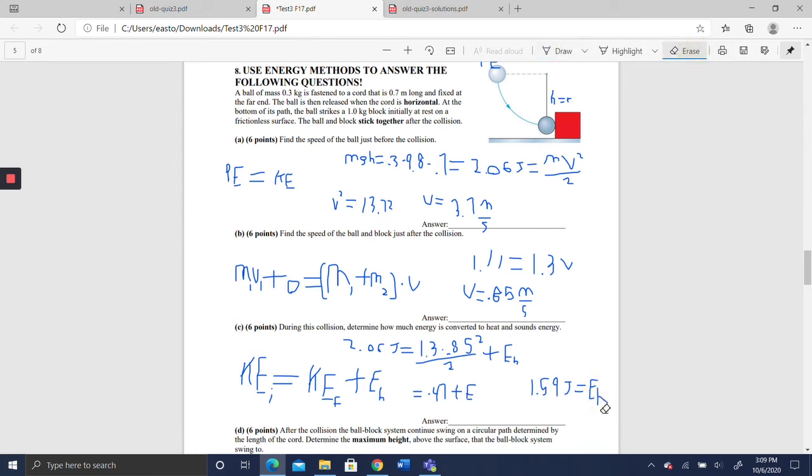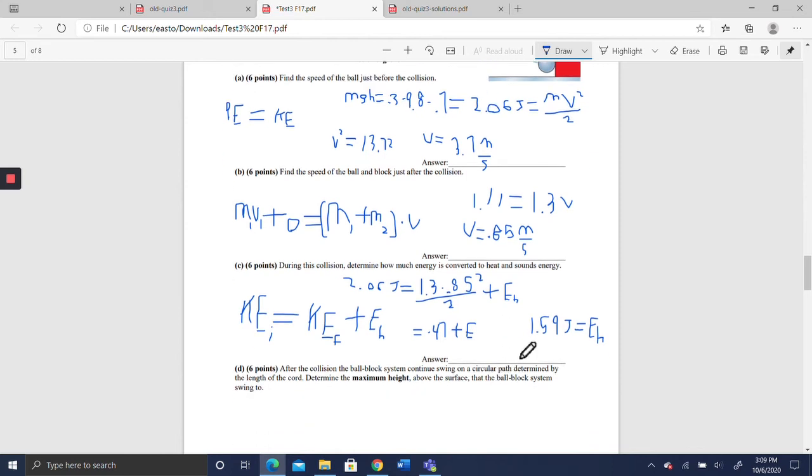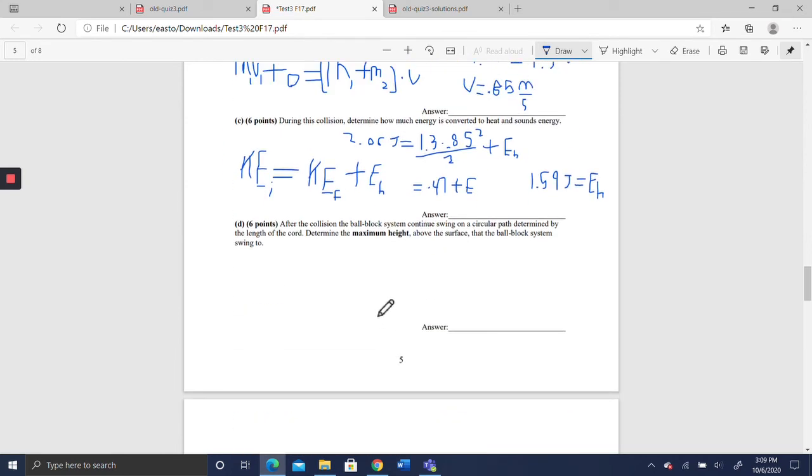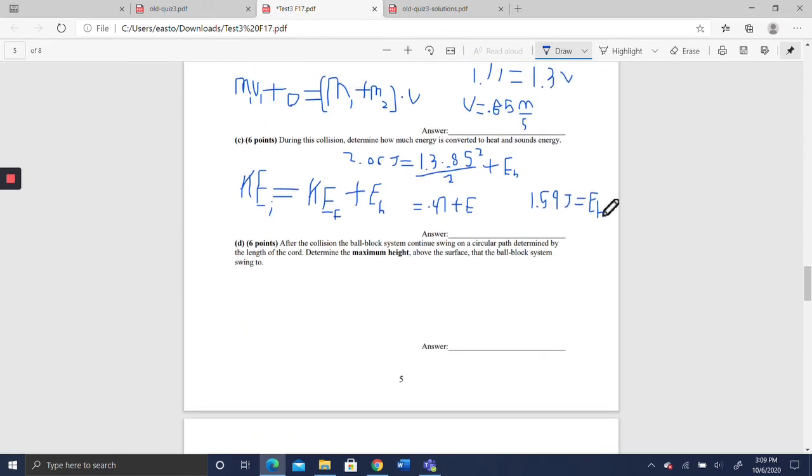And that's our answer here. So that's how much energy we lose.